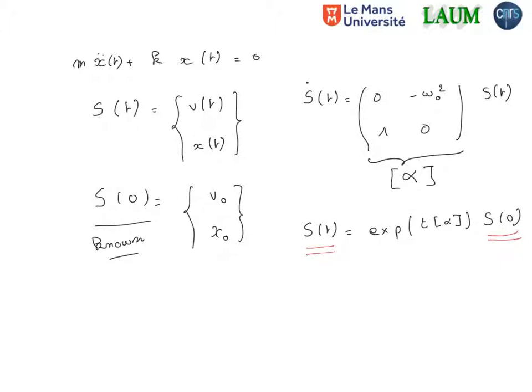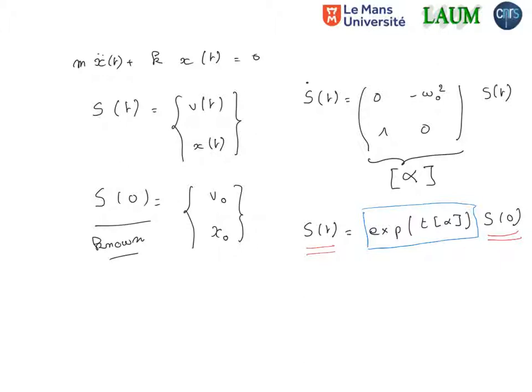This is given by a 2 by 2 matrix, which is the matrix exponential of t alpha. Note that I just put t before alpha because it's more convenient to write a number times the matrix than the matrix times the number, even if it's the same. This is something that I used to do.